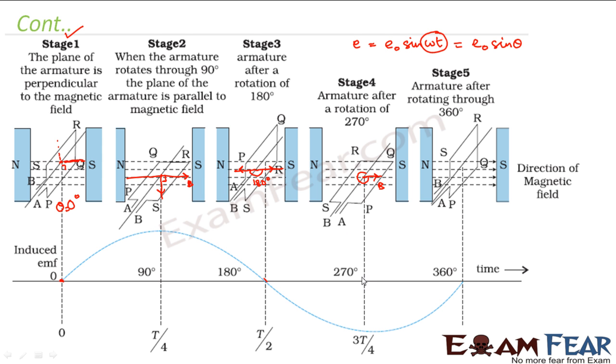So in this case, the value is -1. So it goes here. Again it gets rotated. So that means now it is rotated by 360 degree. So you see for each orientation you have a different value and it is a sine function. So that is how we get an alternating current as an output from an AC generator.